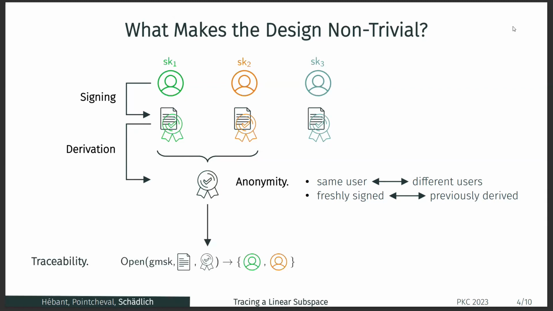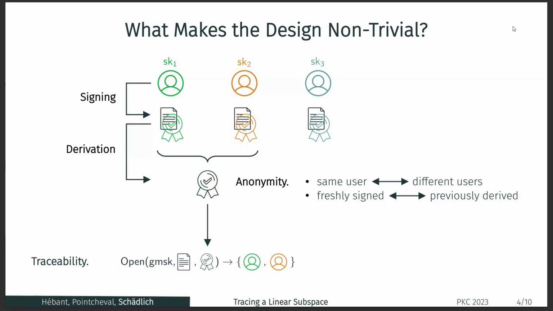And the fact that signatures can have several contributors is also a challenge for traceability, because it's no longer sufficient to find only one signer of a signature. What we need instead is to identify a subset of users that contains all contributors to a certain signature.